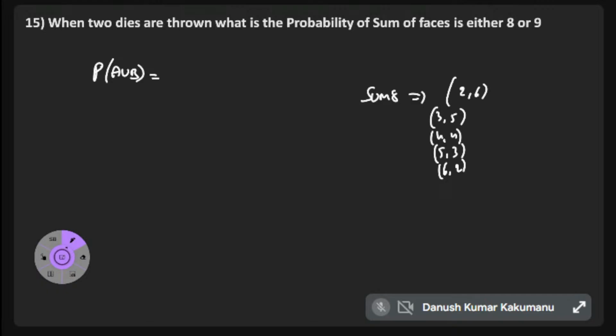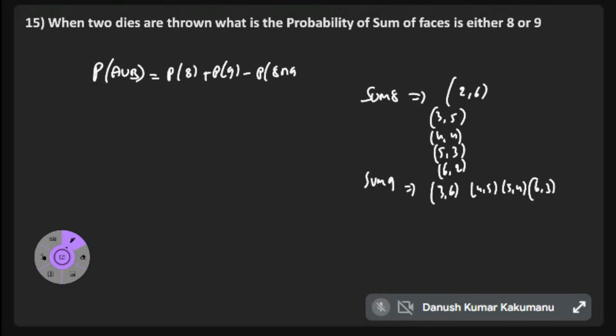So 5 are favorable. For sum 9, how many are favorable here? Second row, any elements? No. 3, 6. 4, 5. 5, 4. 6, 3. This is probability of sum 8 plus probability of sum 9 minus probability of the intersection.